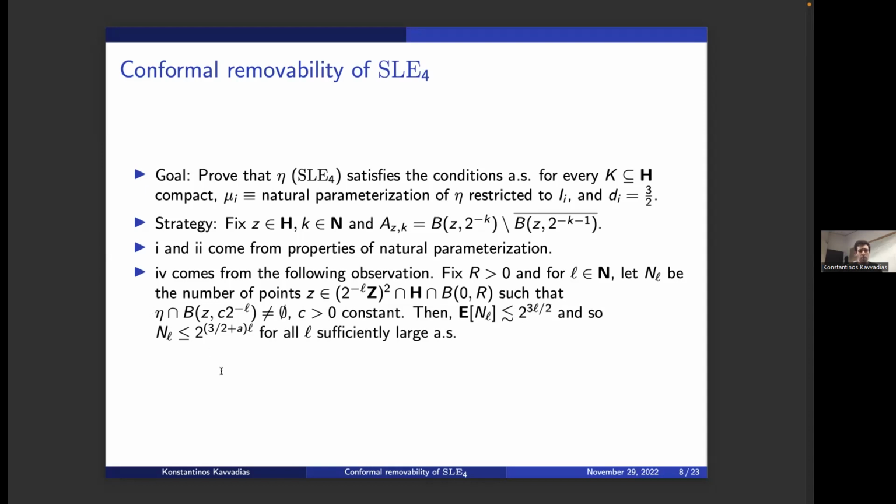So this means that the number of those points is at most 2^((3/2+A)L) for all L sufficiently large almost surely. And this is where condition 4 comes from. It's basically this property of SLE4.